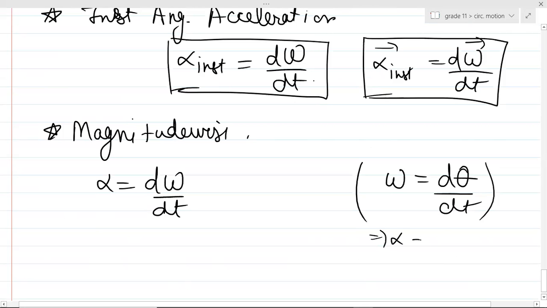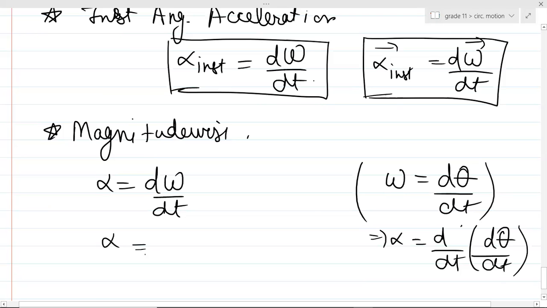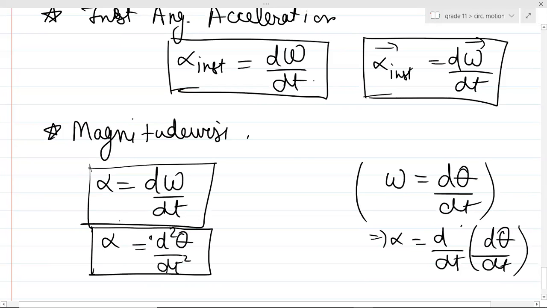So from here, alpha will be equal to d by dt of d theta by dt, which is the double derivative of theta, d2 theta by dt square. This is the relation of alpha with angular velocity, and this is the relation of alpha with angular position.